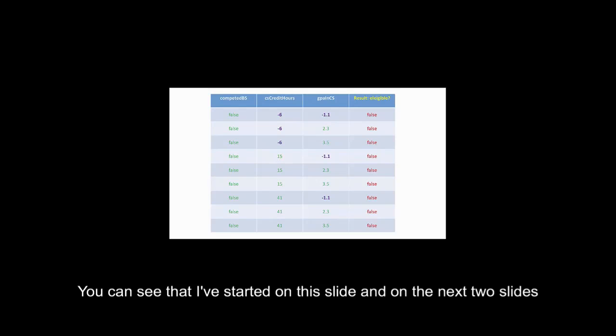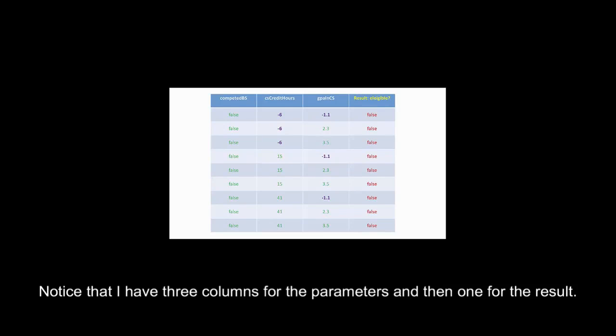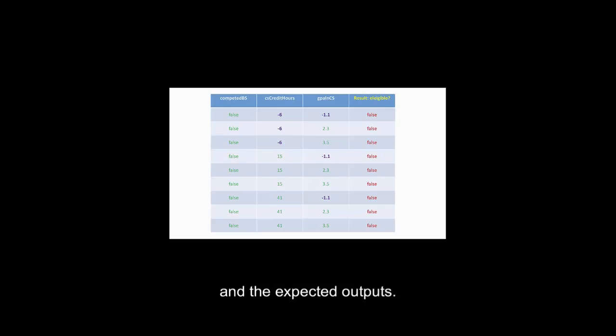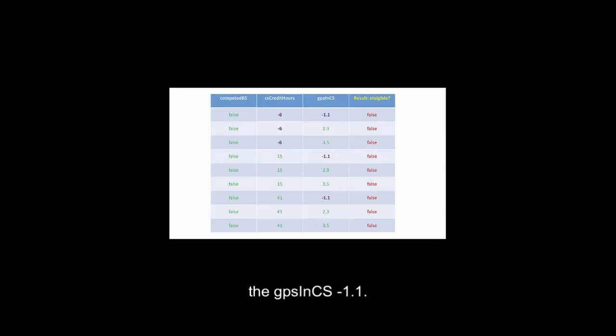And you can see I've started on this slide and on the next to enumerate some examples, some test cases we might have. Notice I have three columns for the parameters and then one for the result. When you're specifying test cases, you should always specify the inputs and the expected outputs. So the first row here tells us that the completedBS parameter has a value of false, the CS credit hours -6, and the GPA in CS -1.1, and of course the eligible then is false.